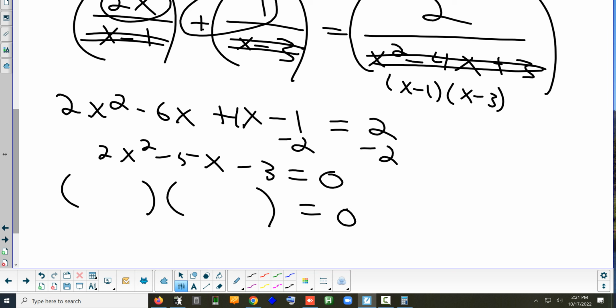So we need 2 things we can multiply together to get 2x squared. 2x and x. Perfect. Now I have a minus and a minus. So what does that mean my signs are going to be here? One of each. Okay, a plus and a minus. It does make a difference which one we put where.